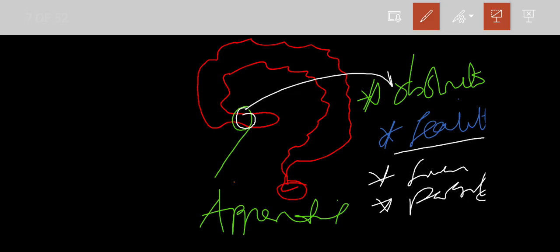But what happens is that once this lumen gets closed, there is going to be inflammation. Why? Because this appendix has what we call epithelial cells. These epithelial cells secrete some substances. Now, the secretion of these substances is going to continue like that. They are not going to drain.